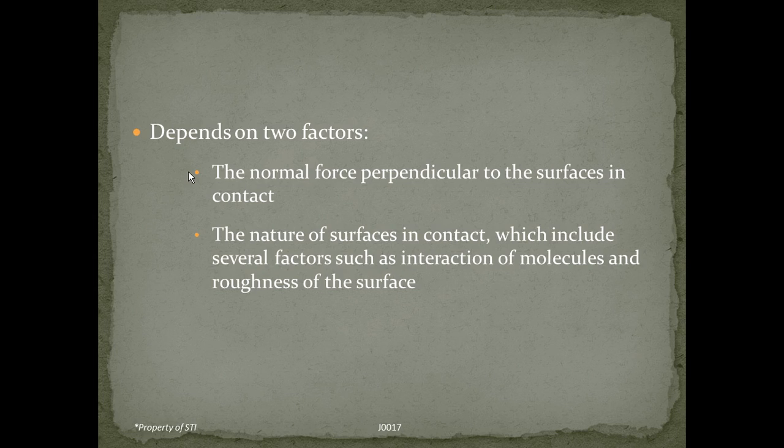Another factor that contributes to whether the friction between the surfaces of objects increases or decreases is the nature of the surfaces in contact. For example, between cement and wood, you would have a certain amount of friction, but you have a different amount of friction between cement and rubber.